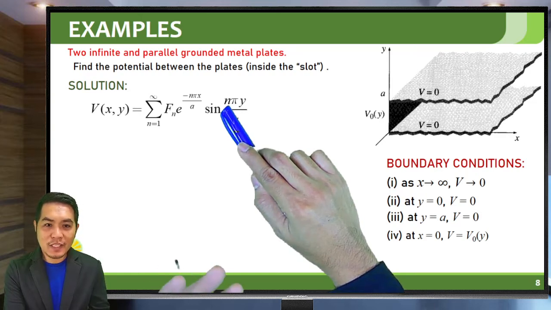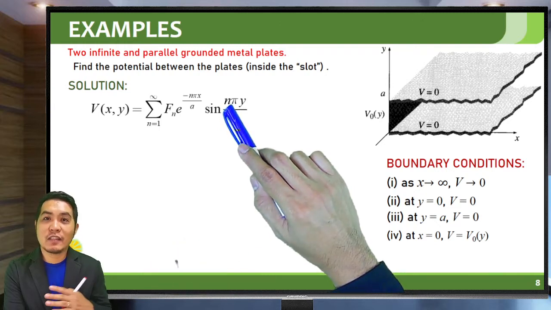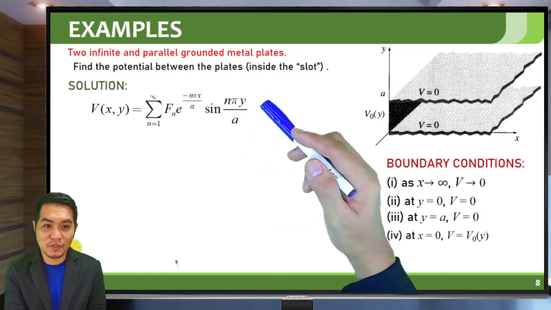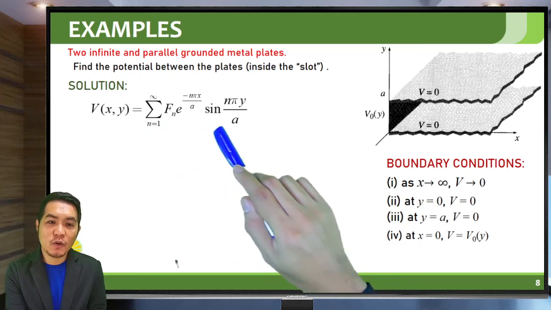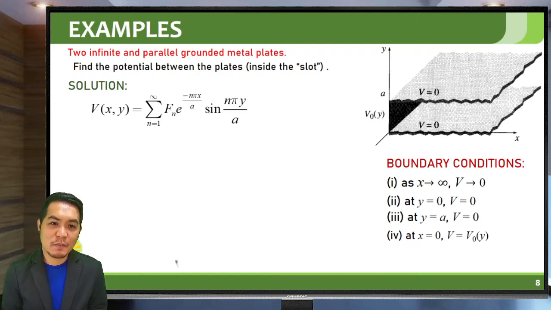And since these are all solutions, then any linear combination of these solutions is also a solution. So our most general solution now is the summation of all of those solutions. So we now have a summation here, the summation of all solutions, to take into account that we have different solutions, n. So n can be equal to 1, 2, 3, 4, 5, and so on.